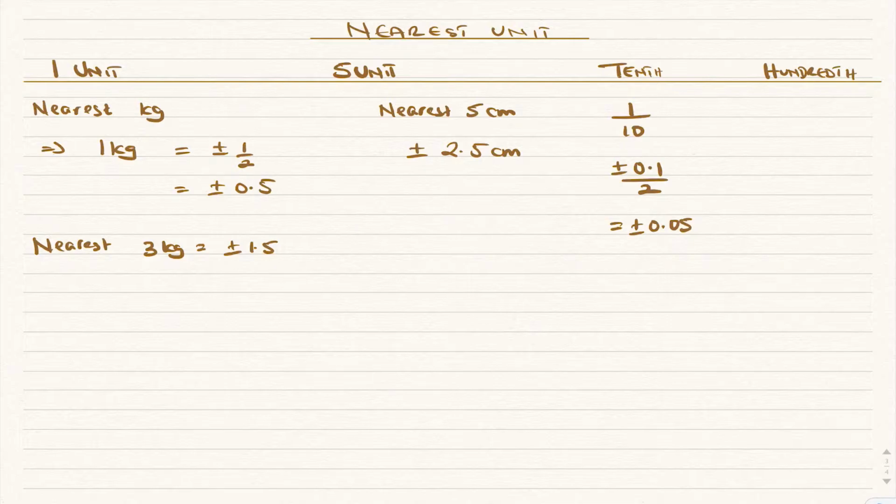They might say nearest hundredth, because a hundredth is 1 over 100. So that becomes 0.01, which means your bound will be divided by 2. So you divide that by 2, and your bound will be plus or minus 0.005.